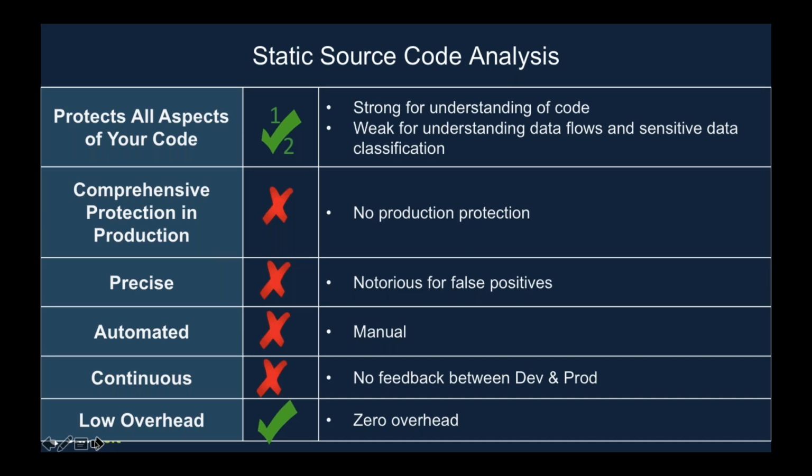Again, because we don't have this feedback from production, that's the missing link to make source code analysis precise. It's a manual process. It's really not integrated into your CI/CD pipeline. There is no feedback between dev and production. But again, the overhead is low. So in terms of how it compares against the requirements, it falls short when it comes to modern application security requirements.